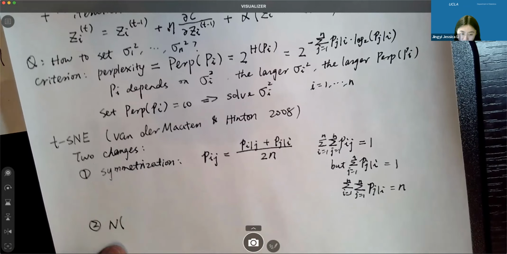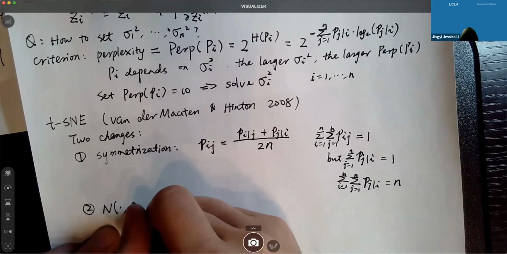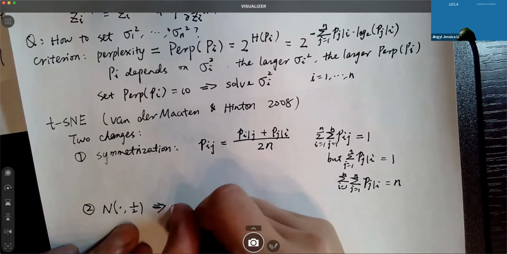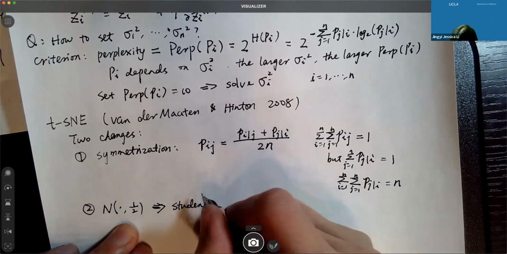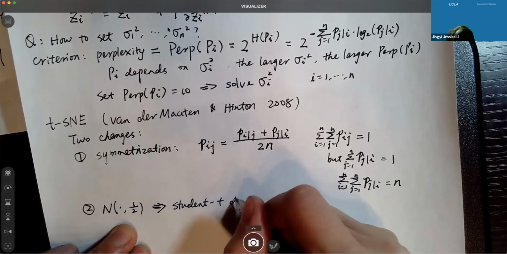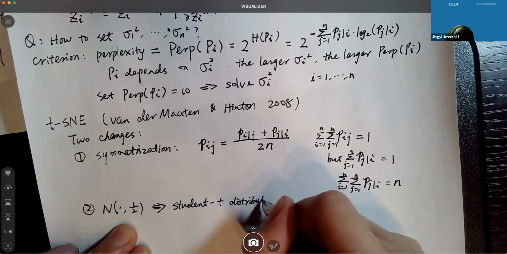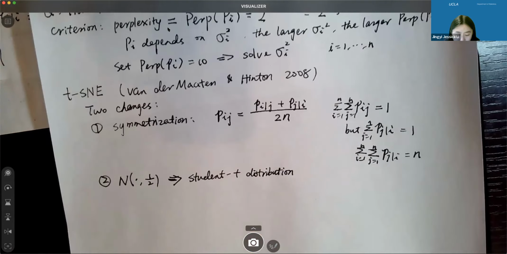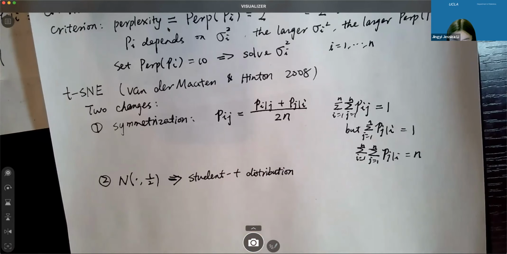This is the formal name, because of the Student t test, where the test statistic distribution under the null hypothesis is known as the t distribution, which we introduced in the beginning. So why would they pick the t distribution? The reason is that they want to use this important fact about heavy tails: the t distribution has heavier tails than the normal distribution.